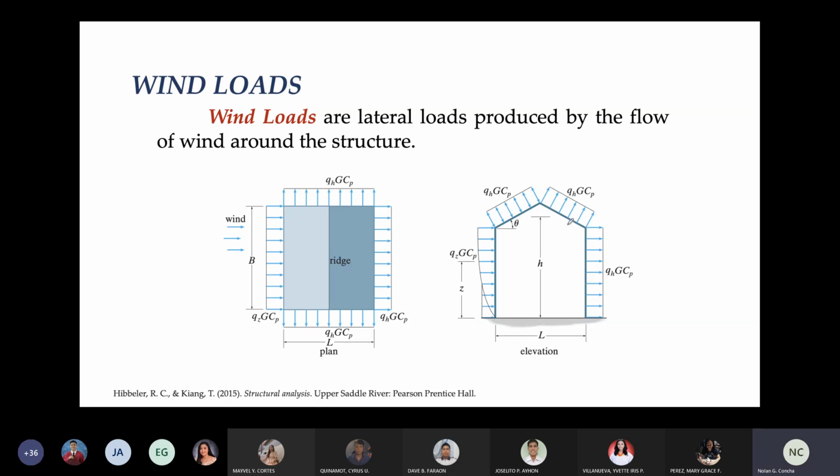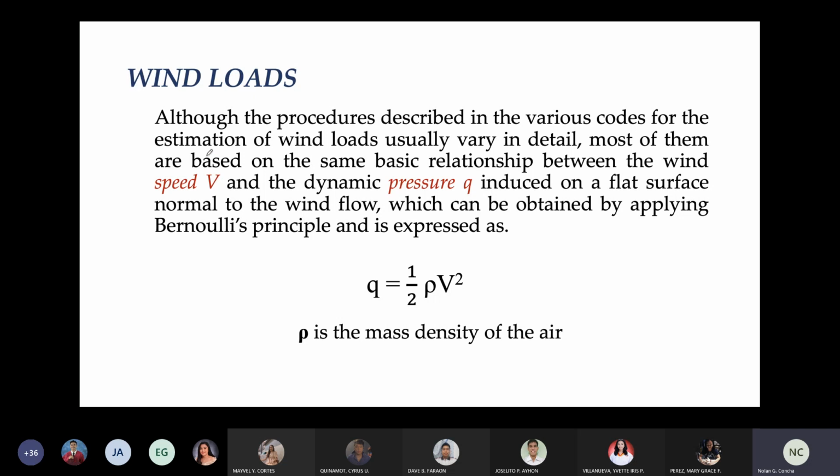And pwedeng ang wind ay pressure or suction. And actually, there's a detailed discussion of this one in your design kung paano mag-compute ng wind load. So this one, sabi natin, it depends not only on the speed. Hindi lang sa bilis. But of course, kapag mabilis ang wind speed, mas malaki ang load.